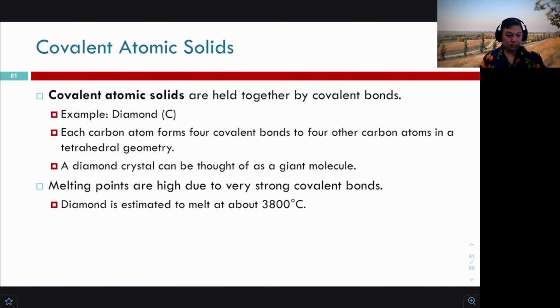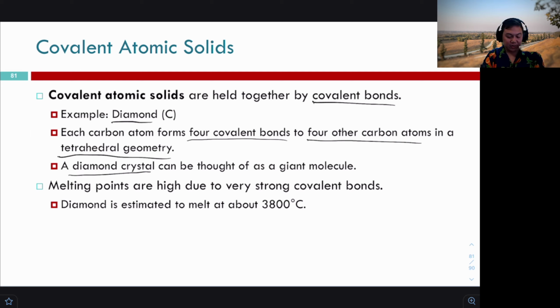But each carbon atom has 4 bonds that are all attached to 4 other carbon atoms in a tetrahedral geometry, which we covered in the last chapter. And so you can think of a diamond crystal as a giant molecule. So you have a giant diamond that is a single molecule of carbon, which is pretty crazy.